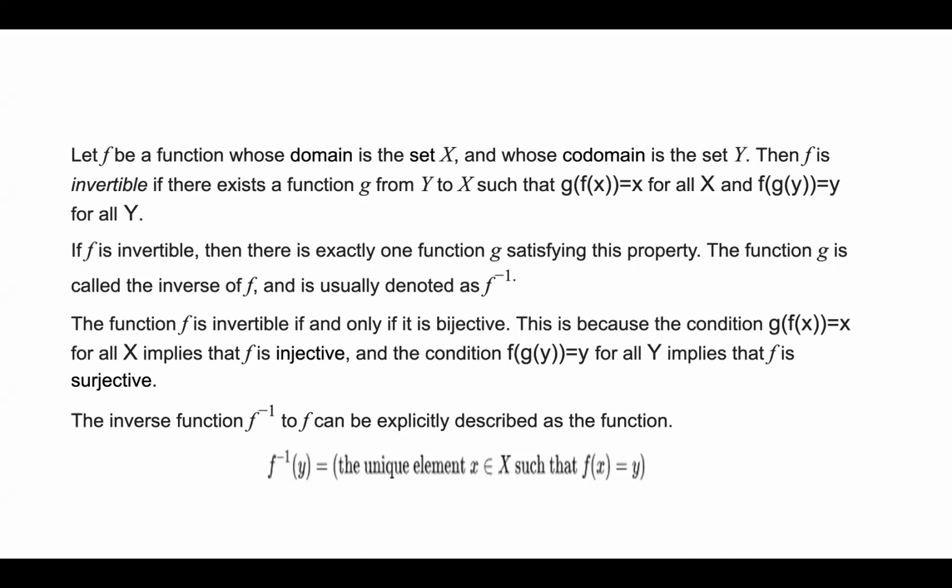Okay, means what? What is the inverse function of f? g. If f is from X to Y, then g will be from Y to X. If f is invertible, then there is exactly one function g satisfying this property. The inverse of f will be unique.